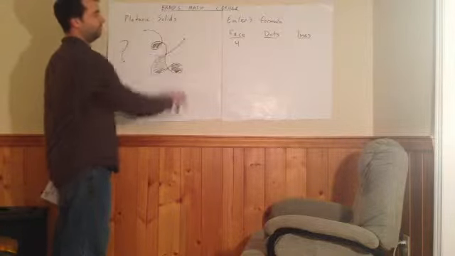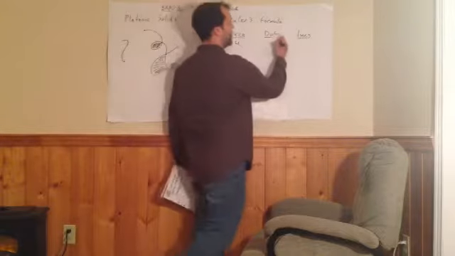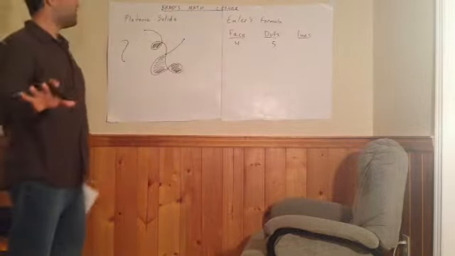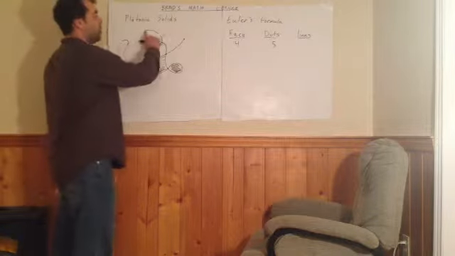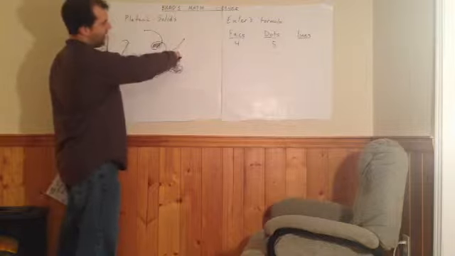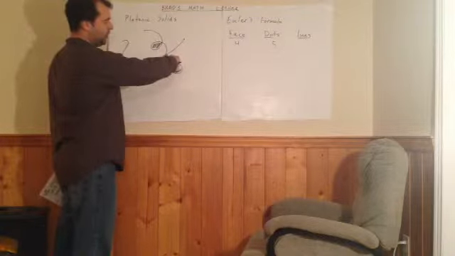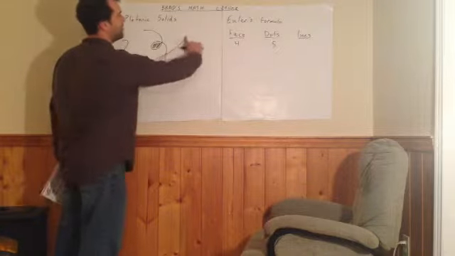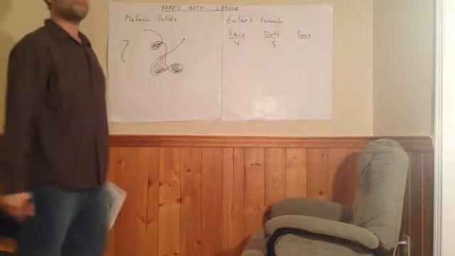Everyone agree with that? Okay, so we have 5 dots. Now for lines, I find this is the trickiest one. You're going to go 1, 2, 3, where did I go next? Let's say 4, 5, 6, 7.